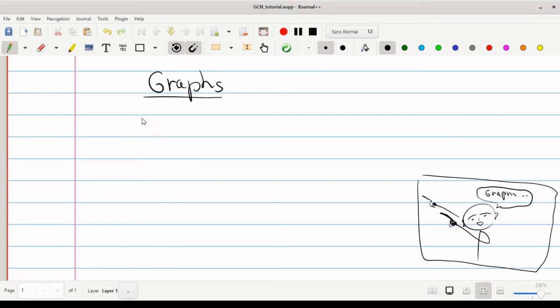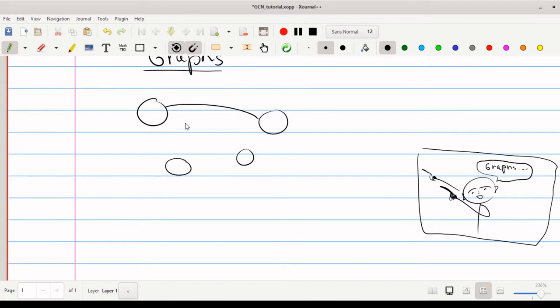So in general terms, the graph is a collection of nodes and edges between them. So graphs could be different, and there could be different types of graphs. So for example, there are directed graphs. And this is the case when the edges, that is the connections between nodes, are directed.